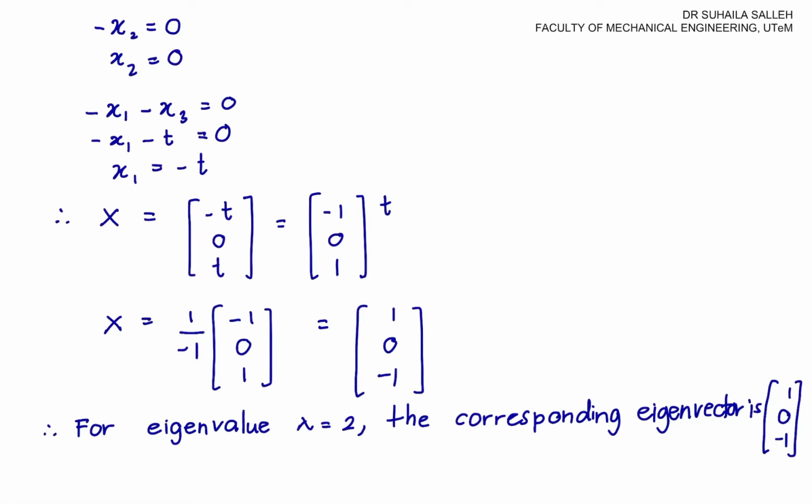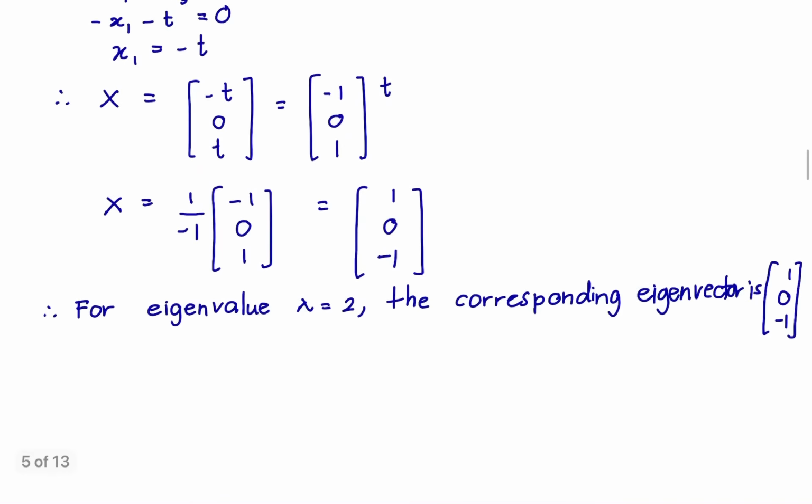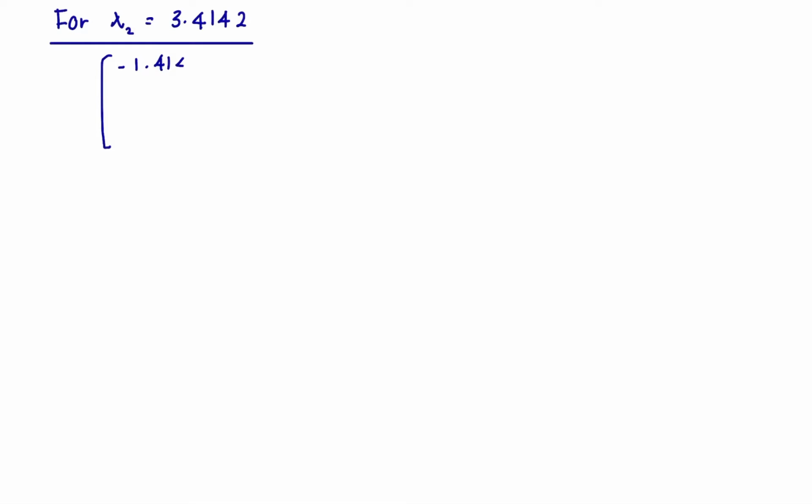Now we have to do for the next two lambdas. For our next lambda, the value is 3.4142. So we do the same thing. Insert our lambda into our equation. What I obtain is, the first entry is minus 1.4142, minus 1, 0.